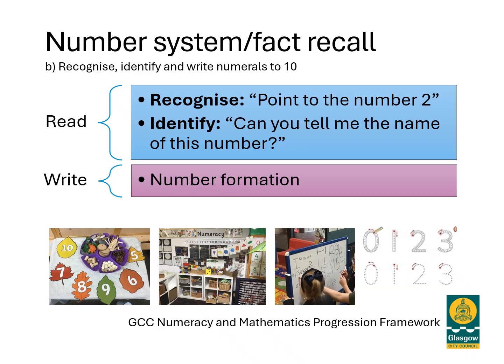And as a separate skill, but very much related, being able to retrieve the number word, being able to say the number word when they see that squiggle, when they see that shape on the page or on a card. So if a teacher shows a flashcard with a number 3 written on it and says, can you tell me the name of this number? They need practice to be able to recall what each of those squiggles means.